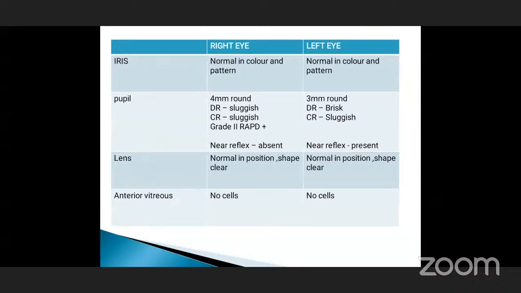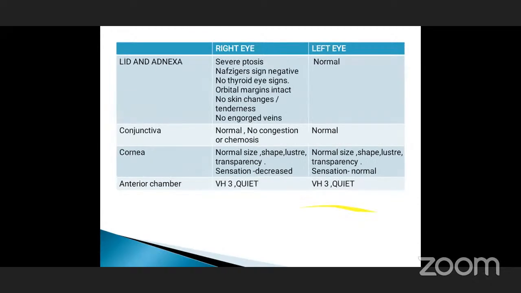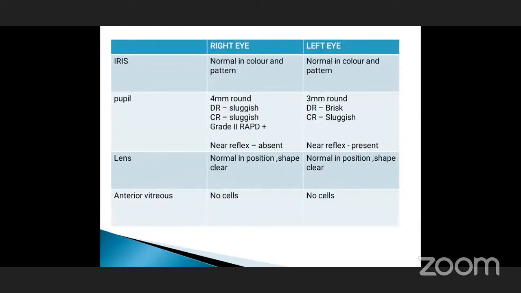Pupil is 4 millimeter round with 1 millimeter anisocoria, with sluggish direct and consensual reflex, with grade 2 RAPD. Near reflex is absent. Lens is normal and anterior chamber shows no cells. The anterior segment of the left eye is normal with a normal lens and a 3 millimeter round pupil. Light reflex is brisk and the consensual reflex is sluggish.